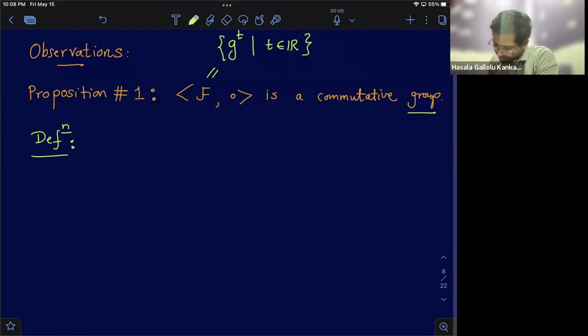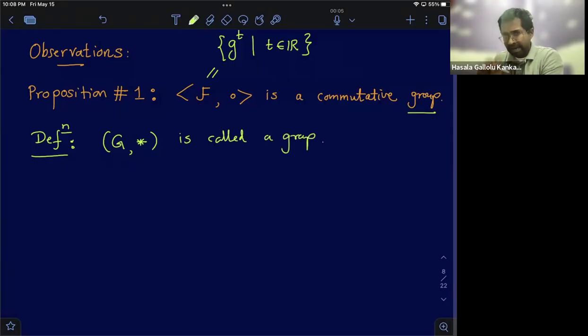So a group is going to be this kind of an algebraic structure. So G is a non-empty set. This structure is going to be called a group if we have these properties.